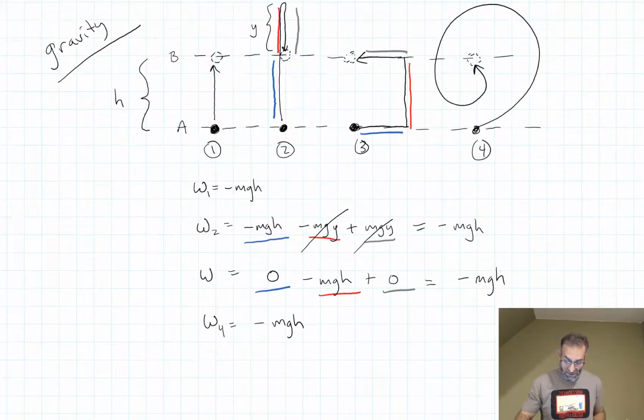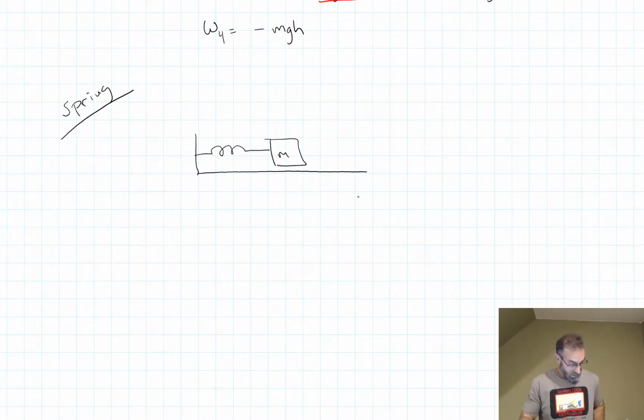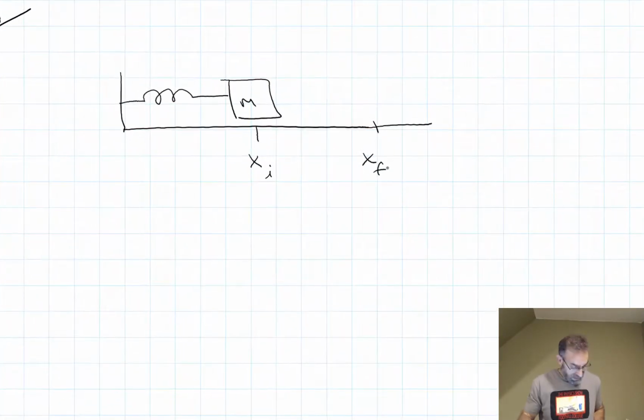When we have an object on a spring, and we're moving it from some initial to some final location, it doesn't matter how we move it. We could move it along the red path, a straight line path, going from its initial to its final location.